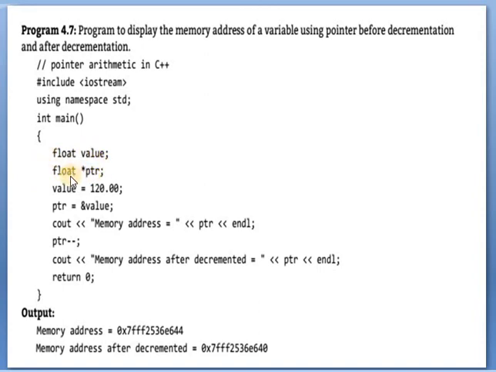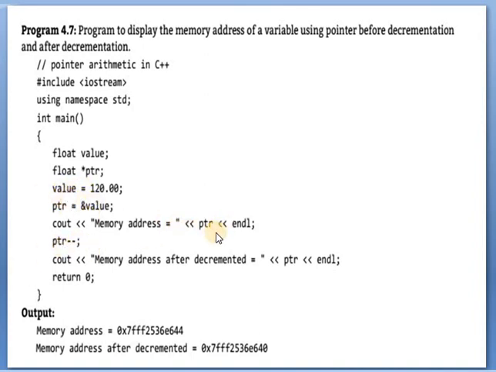Star ptr is a float pointer. Now value equal to 120.00 and ptr equal to address of value, means this ptr contains the address of this variable value.